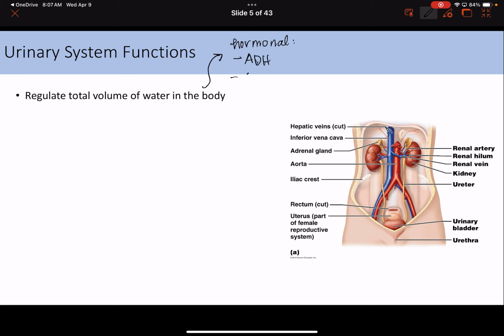Aldosterone. And remember that ADH is for water reabsorption. And aldosterone is for sodium reabsorption, but water follows it.